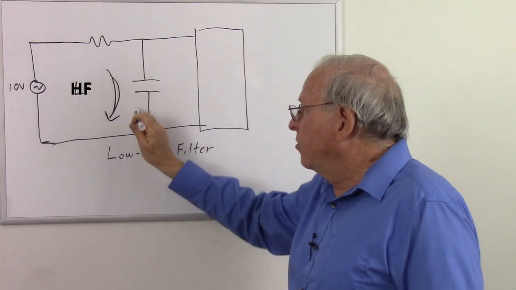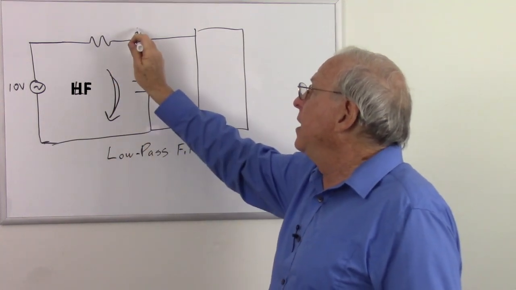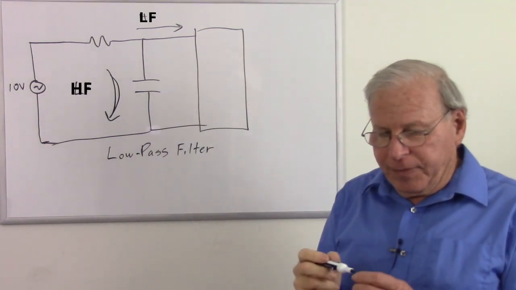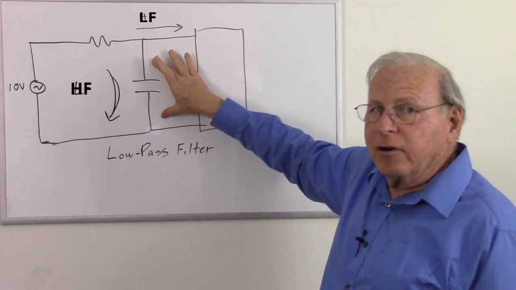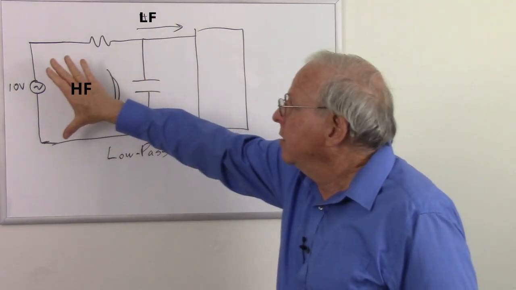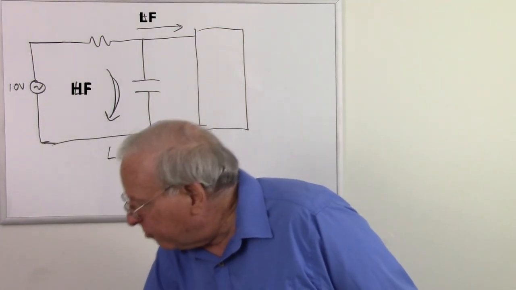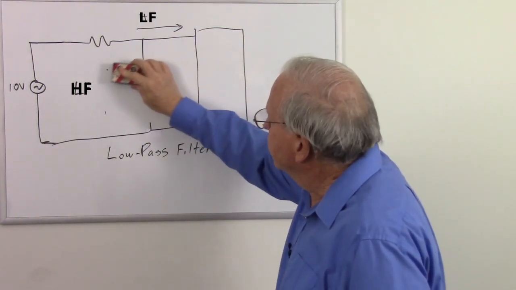So if high frequencies are being shunted away, that means it's the low frequencies that make it to our circuit. So capacitor across the signal, we have a low-pass filter. Now let's just flip those.